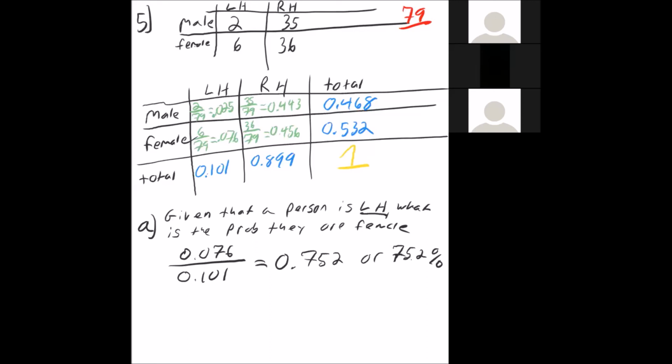So then to answer question B, it says, given that a person is male, what is the probability that they are right-handed?